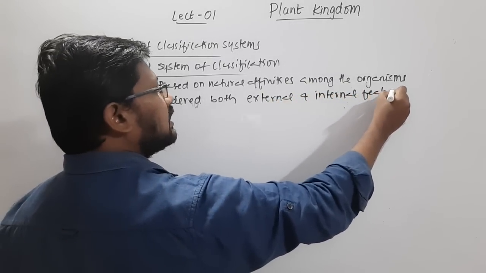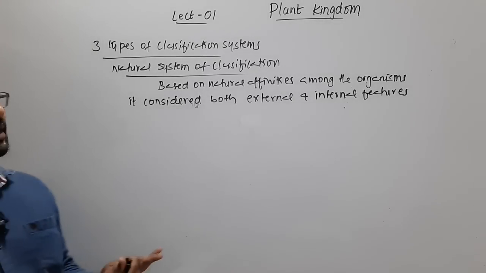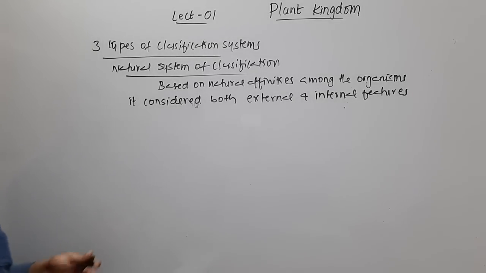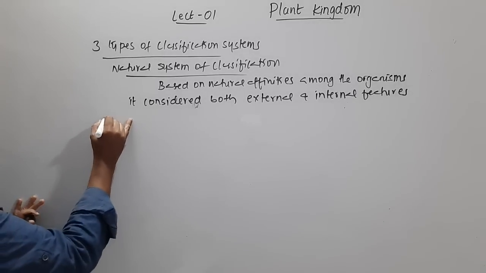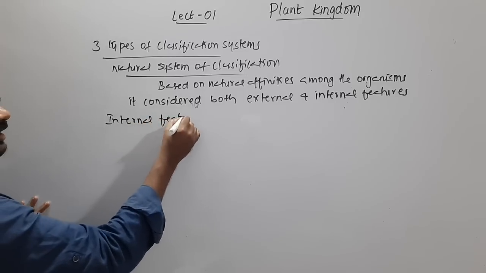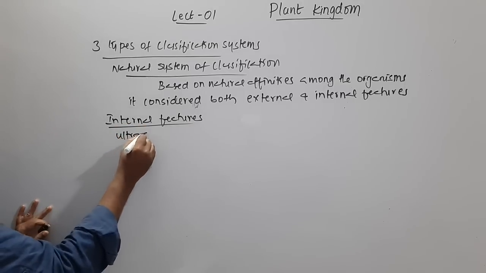I told you, in the artificial classifications they did not include the internal features of organisms, but the natural system of classification included external as well as internal features. So what internal features did they consider? Internal features like ultrastructure.